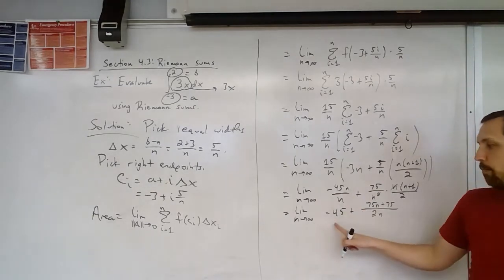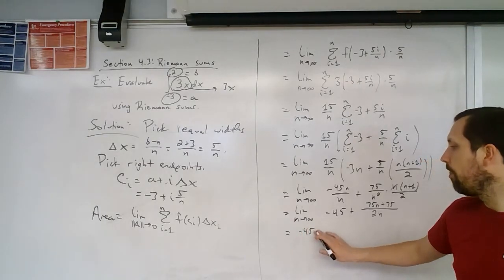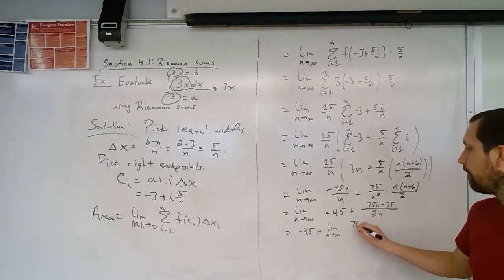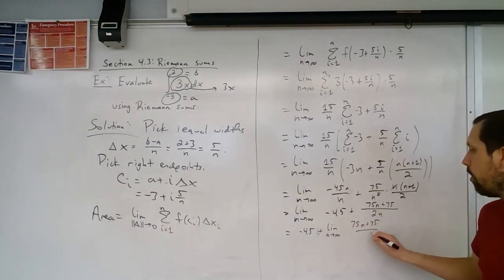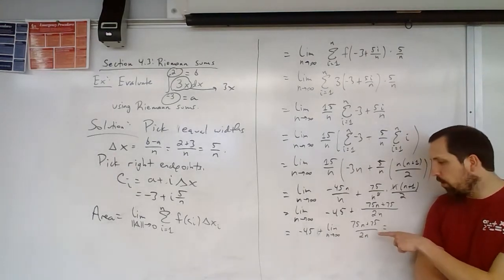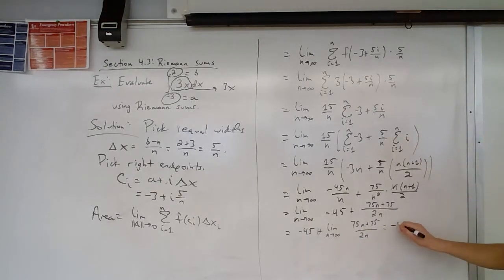Now, this limit we know is equal to negative 45. This other limit, the limit as n tends to infinity of 75n plus 75 over 2n, well, by L'Hopital's rule, we can see that this is going to be the same as 75 over 2. So this is going to be negative 45 plus the limit as n tends to infinity of 75 over 2.